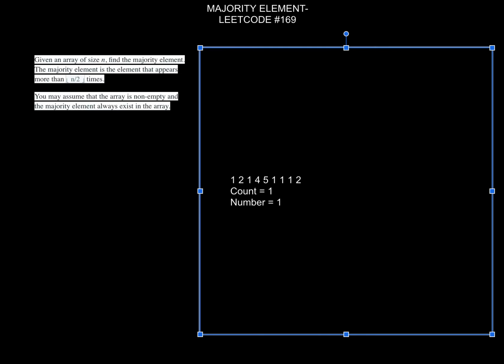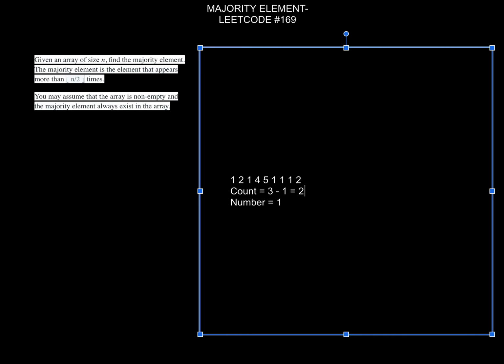And we see another one, we keep this one and increase count. We see 1 again, we keep the 1 and increase count. We see 2, we reduce count by 1, which will be equal to 2, but we keep the number here because count is not equal to 0.